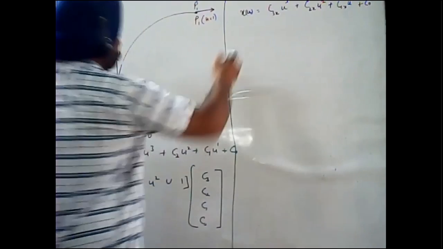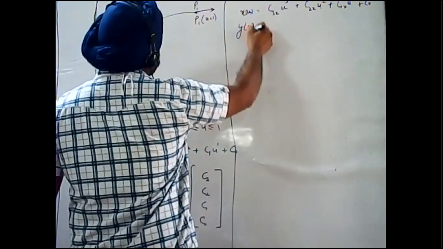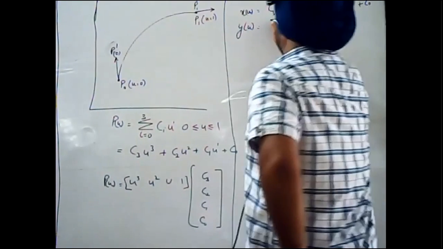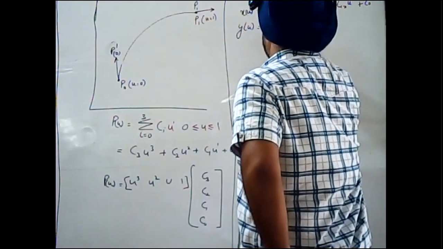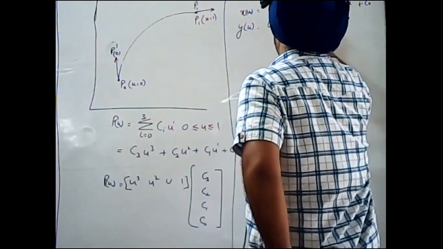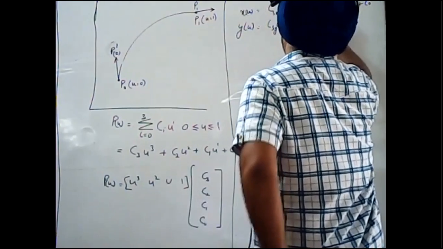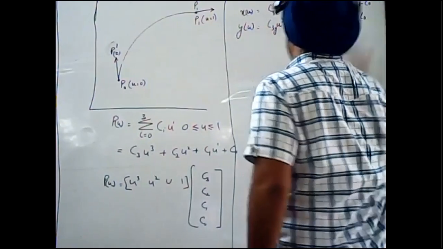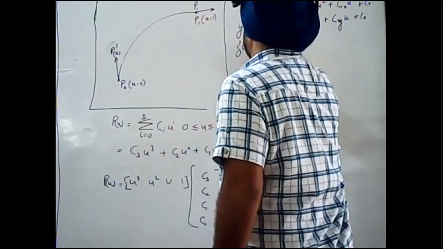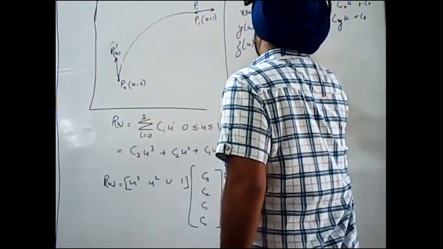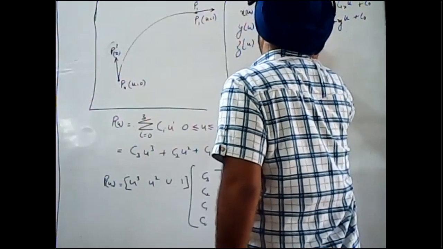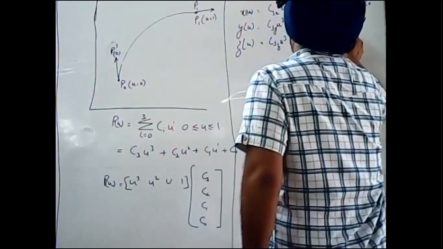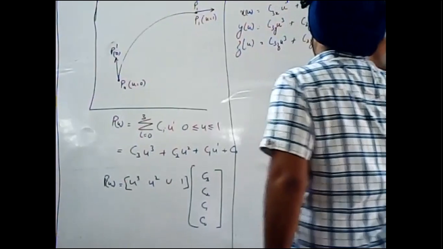Similarly for y(u), c3y u cube plus c2y u square plus c1y u plus c0y. Similarly for z, c3z u cube plus c2z u square plus c1z u plus c0z.